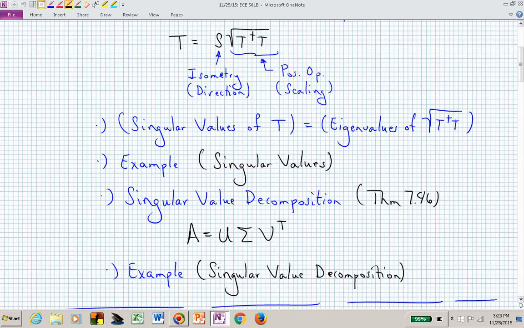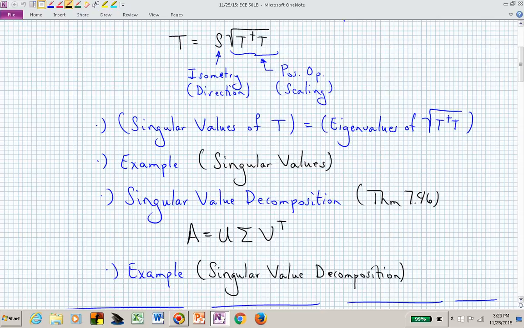U is made up of vectors that are orthonormal. V is also made up of orthonormal vectors, and sigma has a main block which is diagonal, and the diagonal entries in that sigma subblock are the singular values. And we can separate U and V into two pieces.